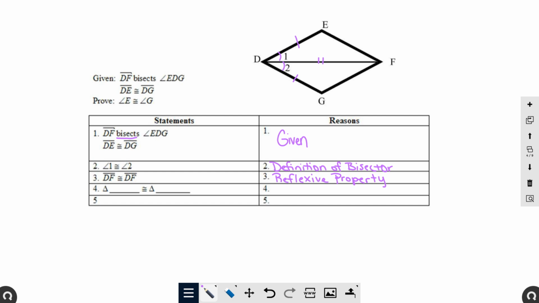And then statement 4, triangle blank is congruent to triangle blank. So we need to name our triangle and state why. Now remember, when you name your triangle, it's got to be in the same order. Everything has to match up to write this congruent statement. So let's name our first one EDF. EDF is congruent to GDF.